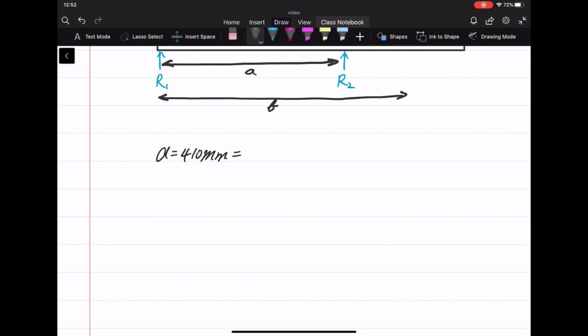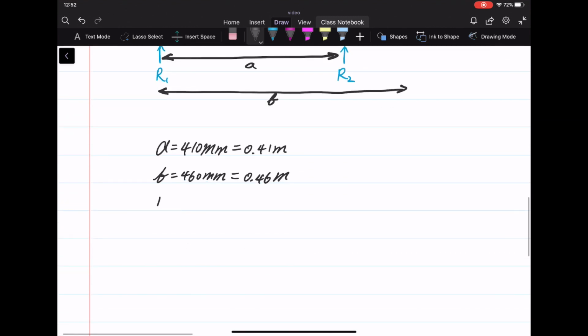A is 410 millimeters, and we convert to meters, which is 0.41 meter. And B equal to 460 millimeters, which is 0.46 meter. And then we have the force pushing down, P equal to 5,000 Newtons.